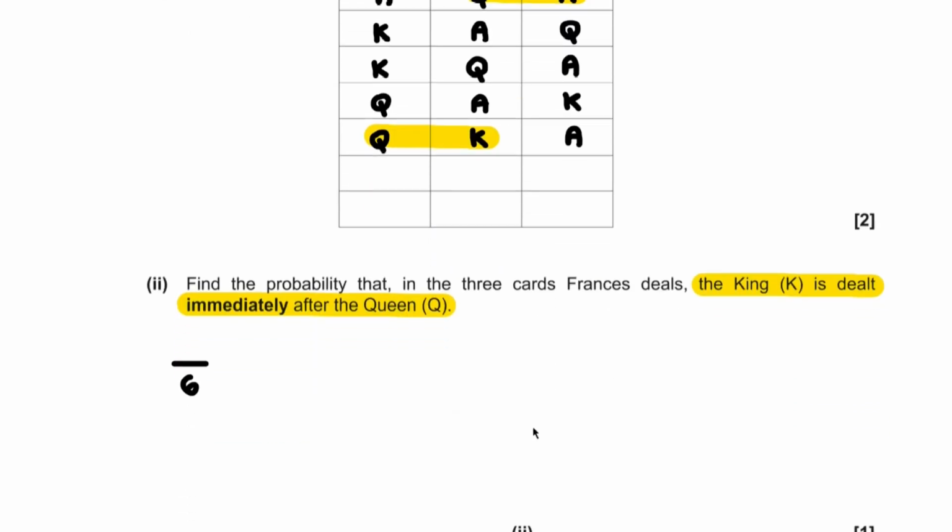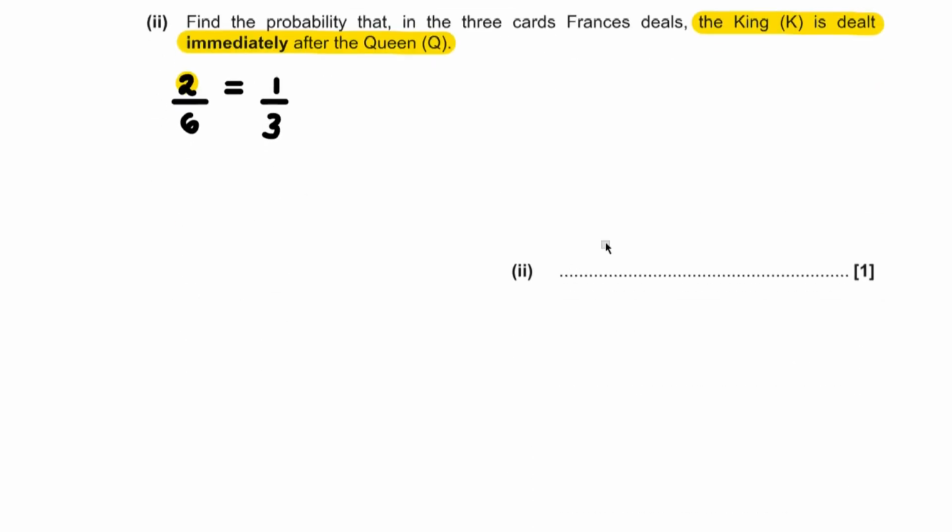So we've got 2 of those. So we've got 2 out of 6. And if I work this out, that simplifies to 1/3. So we've got 1/3.